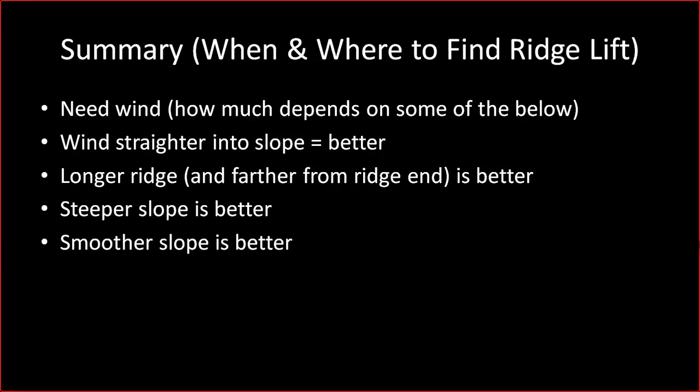And a smoother slope will make it where you need a little bit less wind, and it'll just make it a more pleasant experience. But we often can't choose that. To change that, we might have to get in the car and drive a few hundred miles.